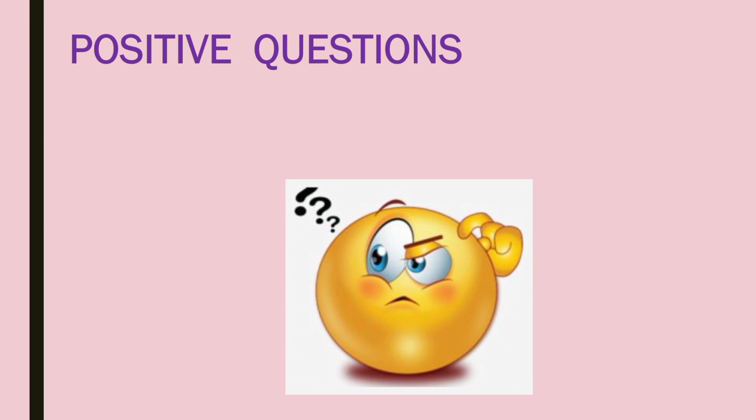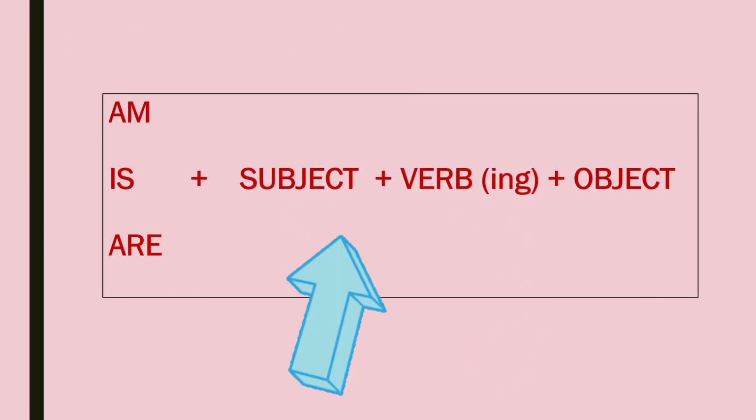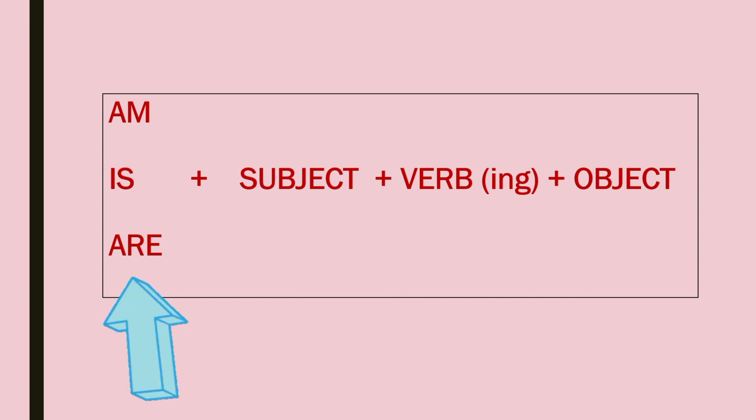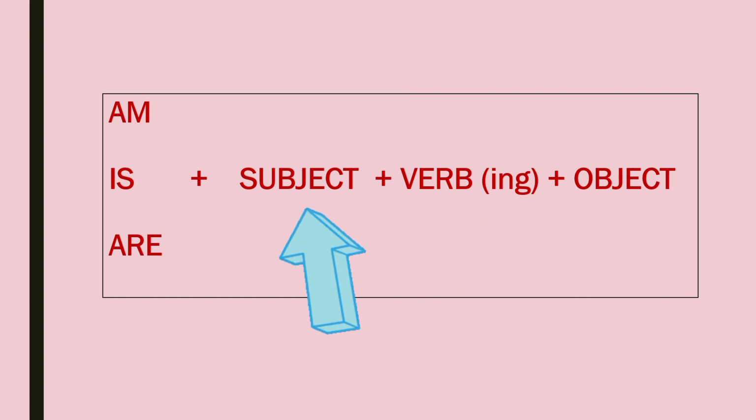So how to ask these positive questions? Look at the structure. First, you need to use am, is or are. And then the subject. Subject means the person who does the action. For example, if I am the one who does the action, then I is the subject.